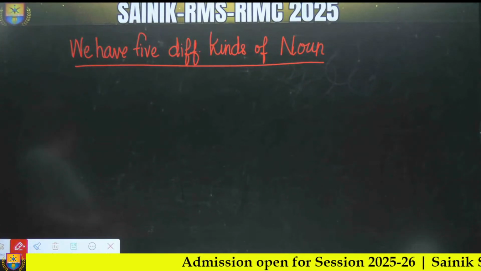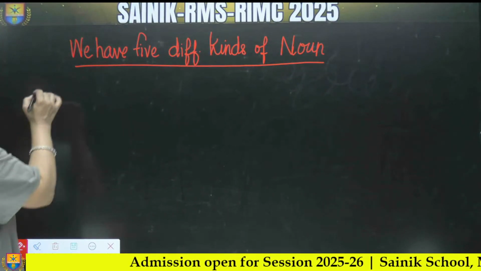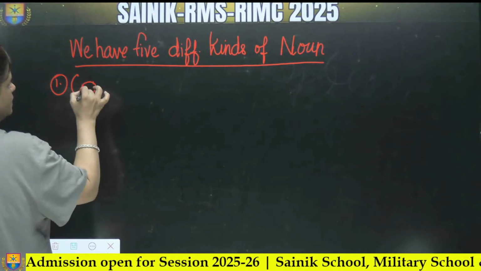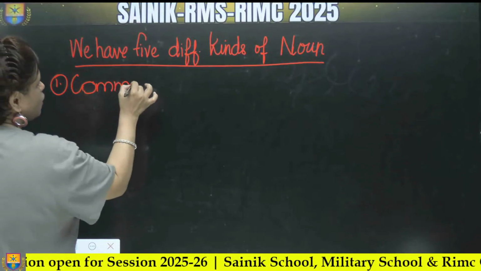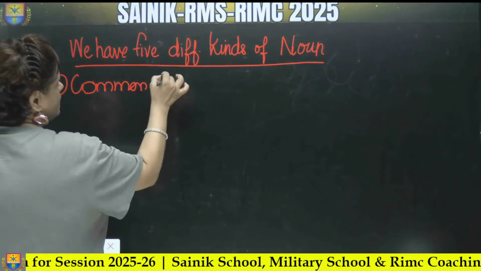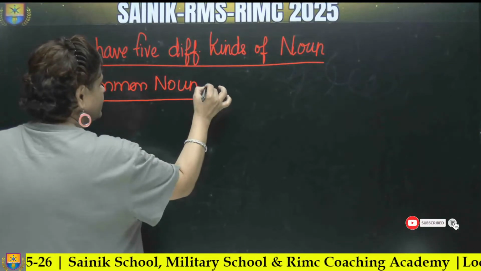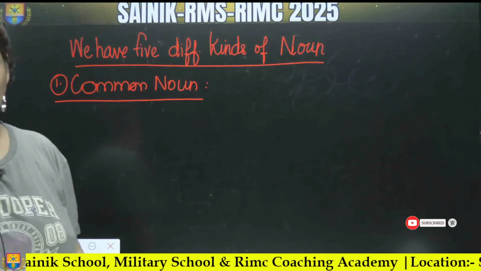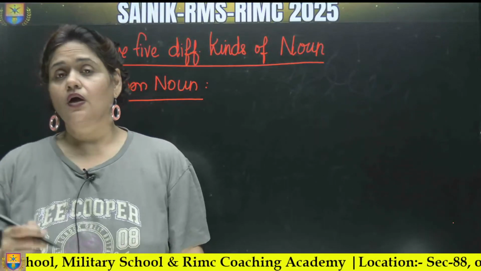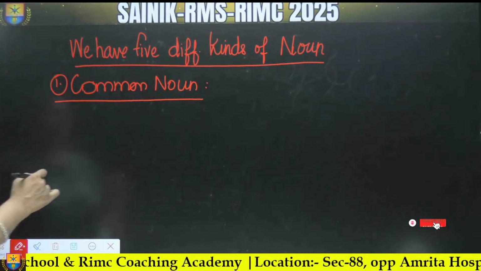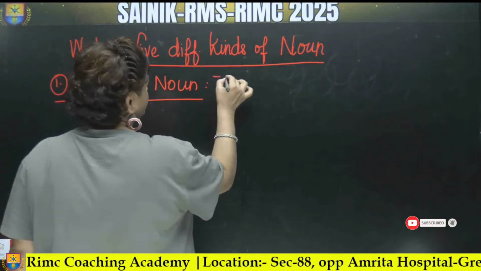Let us see the 5 kinds of noun. In the first one, it is common noun. Now let us understand what do we know about common noun and what is it. Common noun, let's write the definition first.